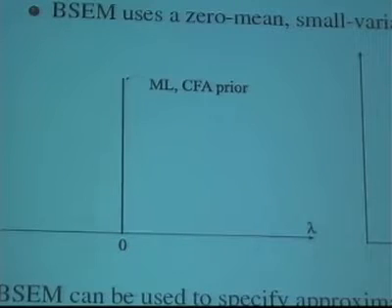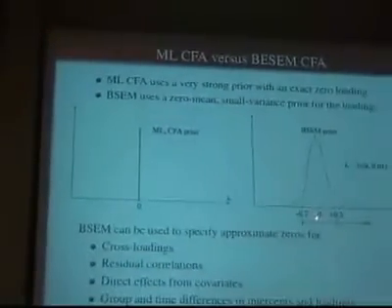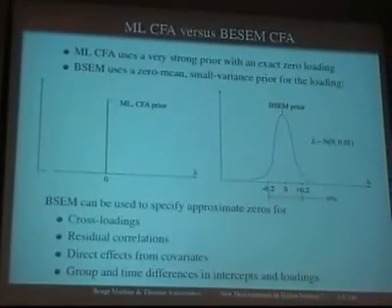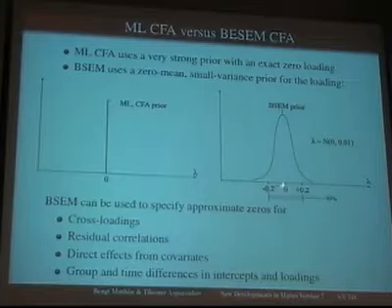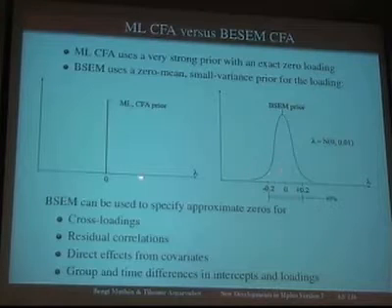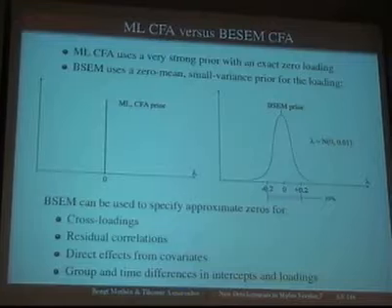Whereas if you're Bayesian, you would say, yes, I believe that the distribution of this parameter lambda, the loading, has a mean of 0 and has a small variance around 0, but the variance is not exactly 0, which would mean this spike here. You have a little bit of wiggle room. You have wiggle room here, and the wiggle room can be given a substantive interpretation in the following way.